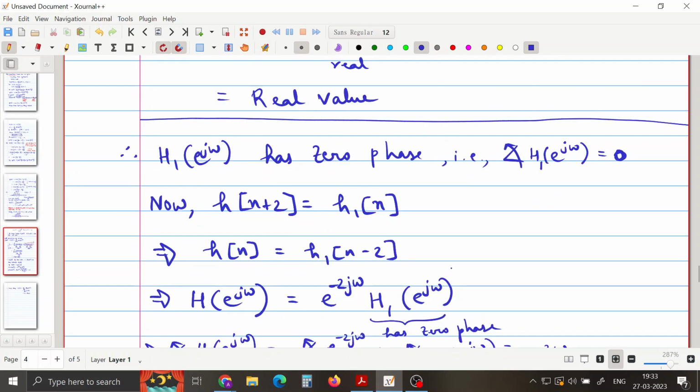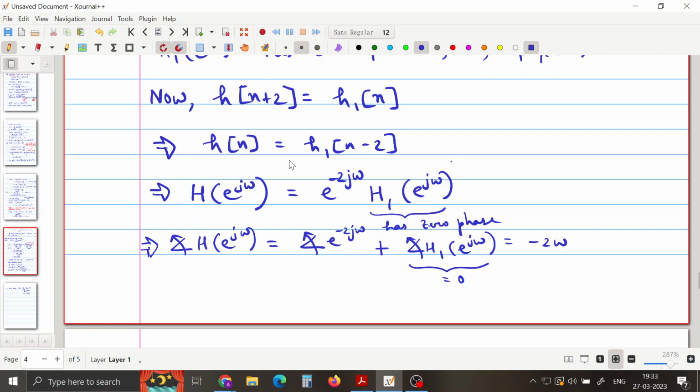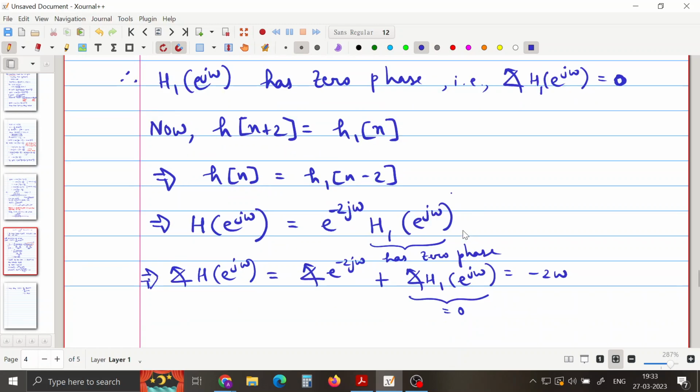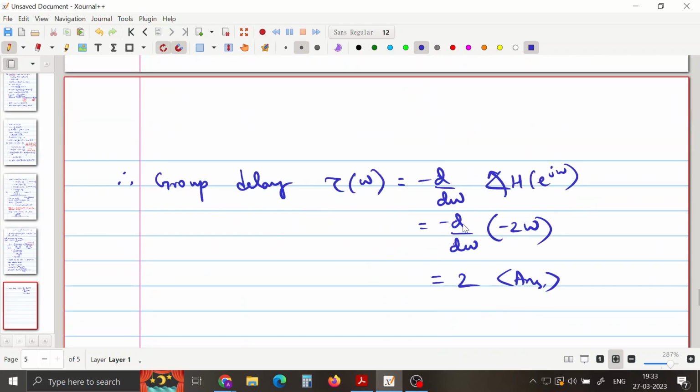And now, since it is also real, the phase of any real number is 0. So that's why the phase of this h1 of e power j omega is 0. And now, from our given relation, we shifted the original impulse response, and then used the delay property of time domain and exponential multiplication in the frequency domain to arrive at the final phase response, and we just differentiated it to get the group delay. That's it.